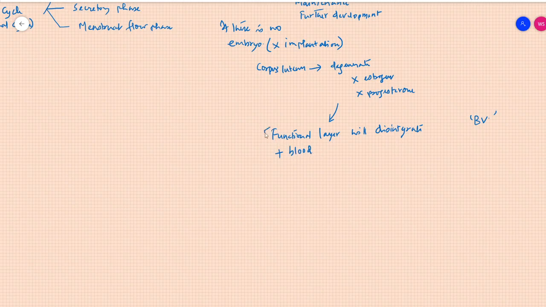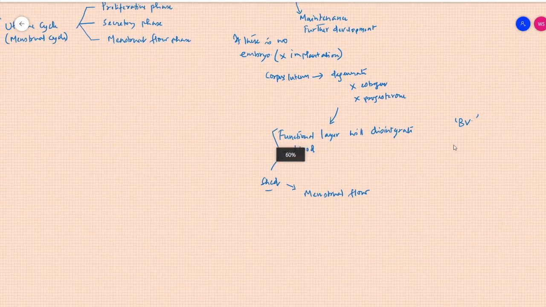This will be shed through the vaginal opening, and this is called menstrual flow. This phase will last a few days, and after that new follicles will begin to develop.